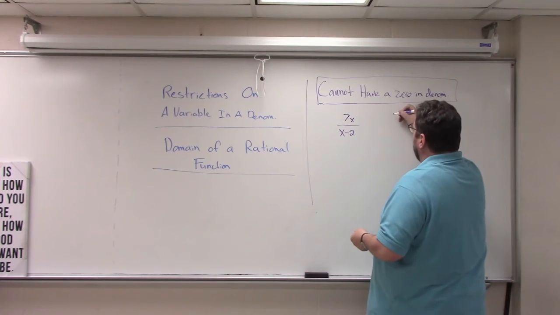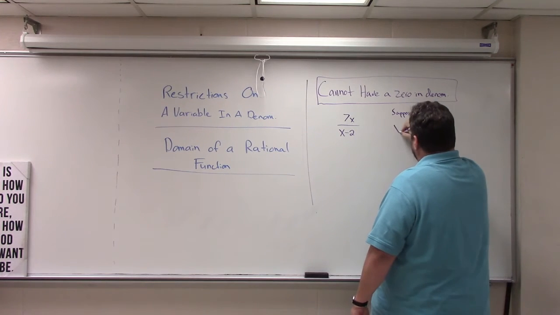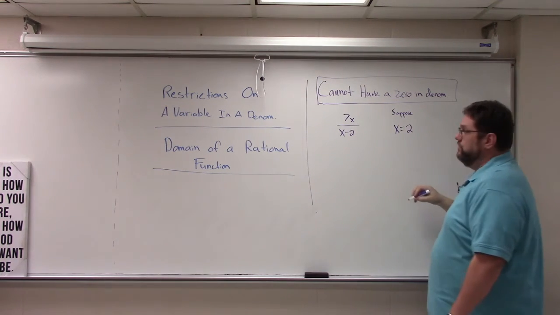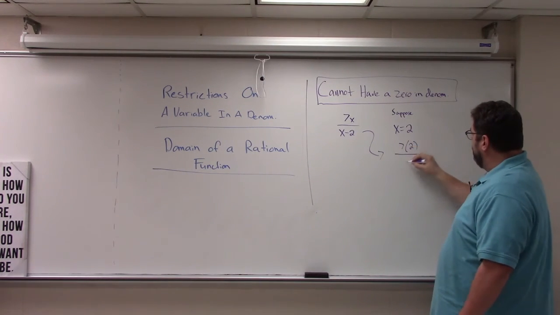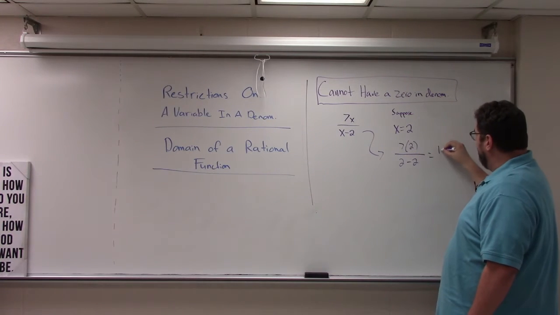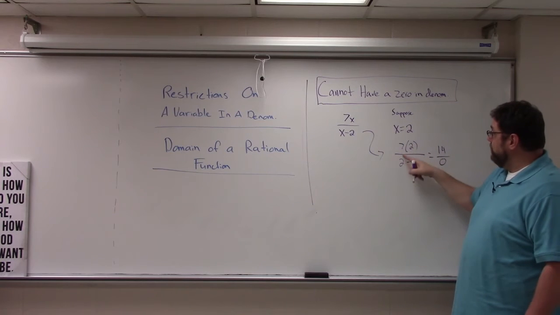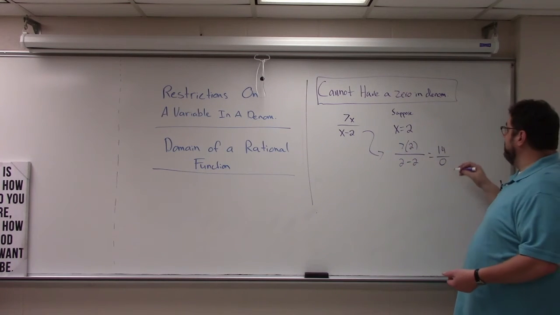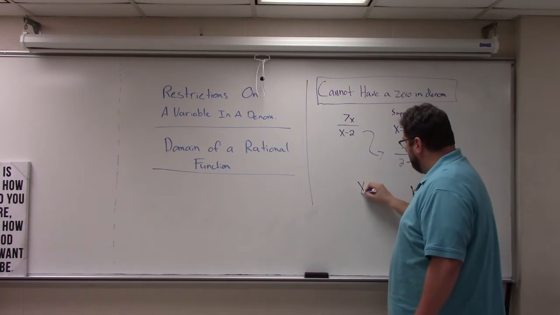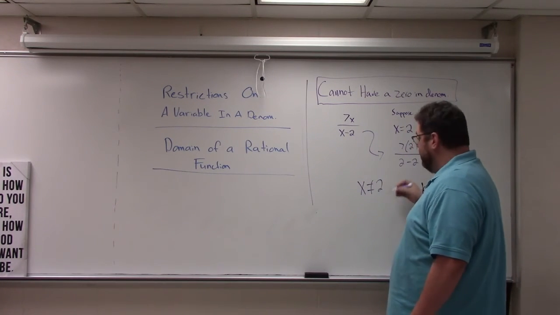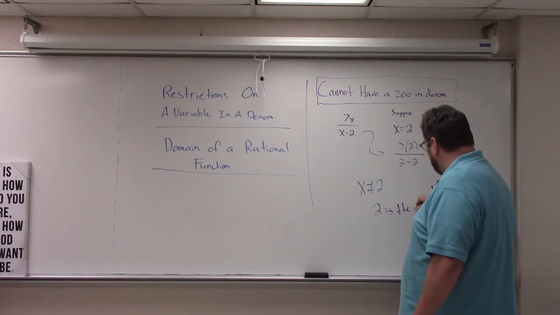Because suppose that x equals 2, then what we're going to have is 7 times 2 over 2 minus 2. That would be 14 over 0. See, if x is 2, it causes a 0 in the denominator. So we would say, actually, x cannot equal 2. Or 2 is the restriction.